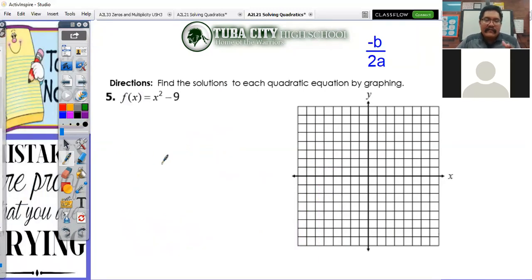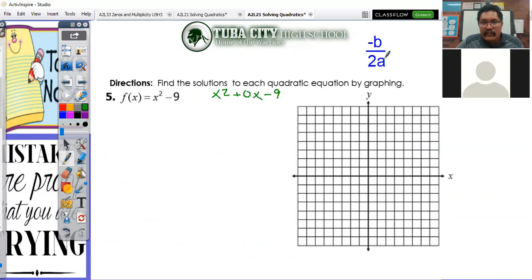Now this one here, be careful because I did say that you've got to make sure they're in standard form, that is descending power. A lot of times I'll get students that make this the b value, but it is not the b value, because if it was the b value, it would have an x. Since there is no x, we treat it as the c value. Now if I were to rewrite this with a b value, I would have to put 0 there.